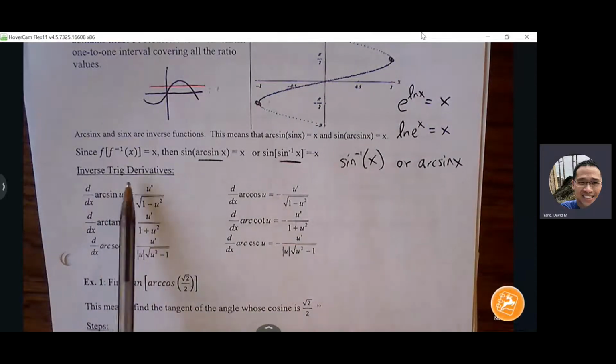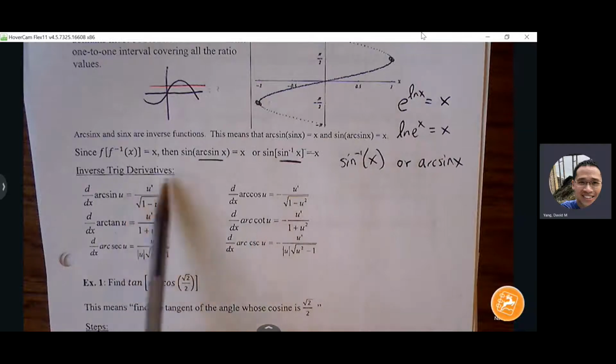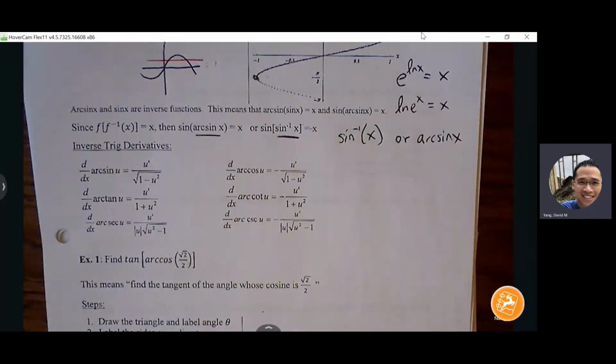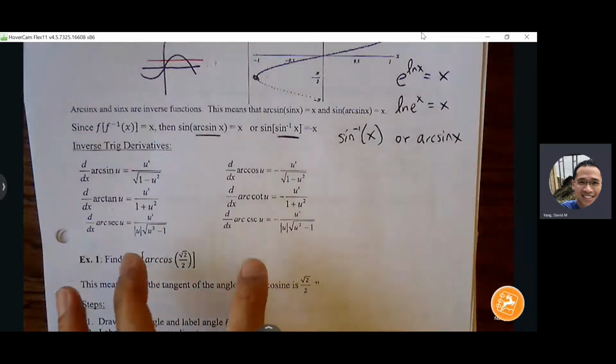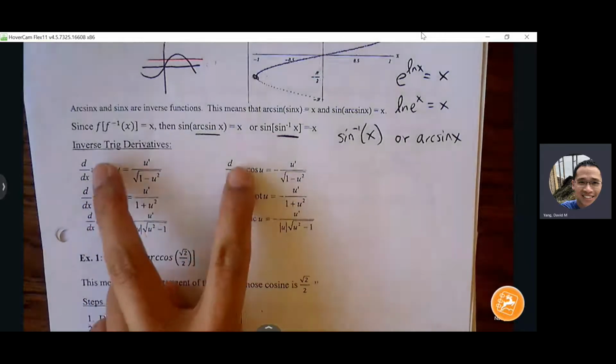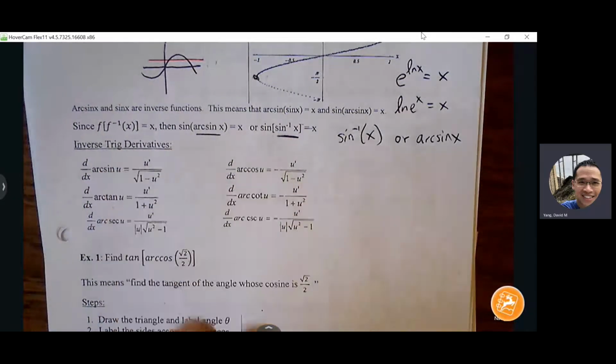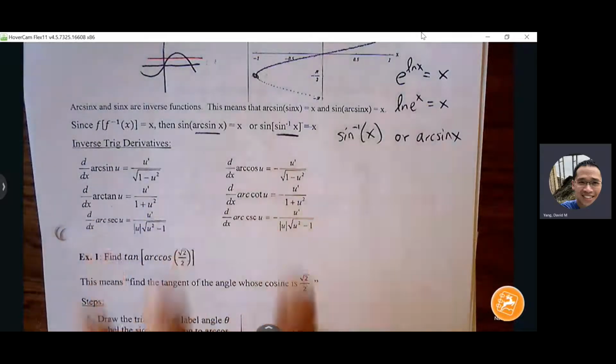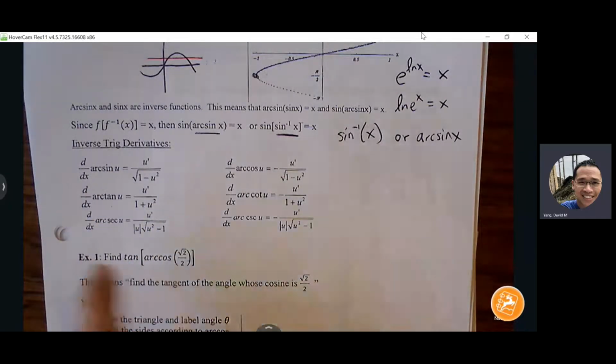Now we have 6 more derivative rules to memorize. However, I want to talk about how it's really not as complicated as you would think. Look at the pattern in how I have these inverse trig derivatives written out, very similar to the way that I had trig derivatives written out, right?